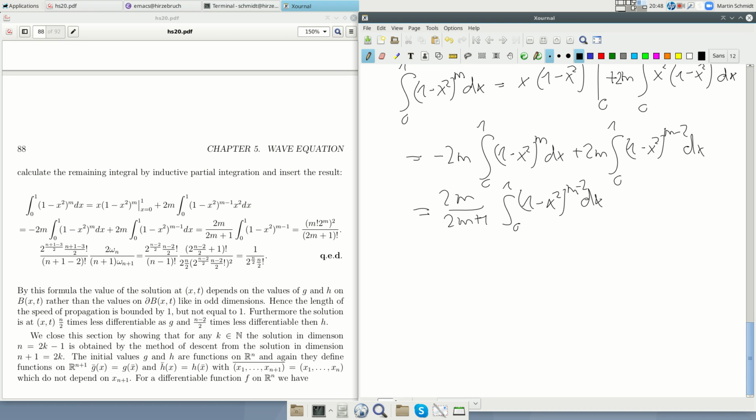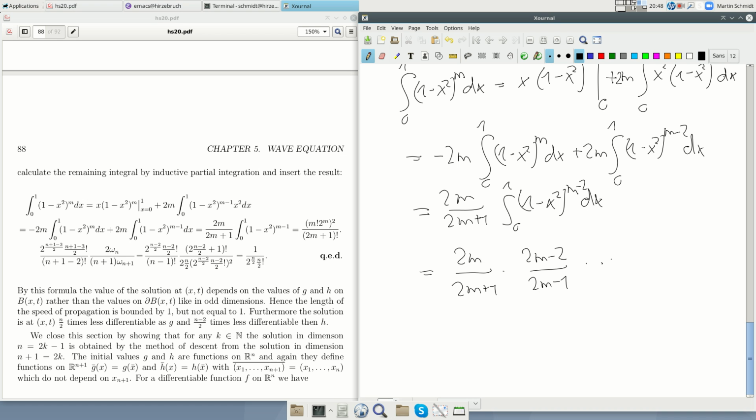In particular, this means we may inductively apply this formula. So what we get is 2m divided by 2m plus 1. In the next situation we get 2m minus 2 divided by 2m minus 1, and so on. And of course, what is the last factor?